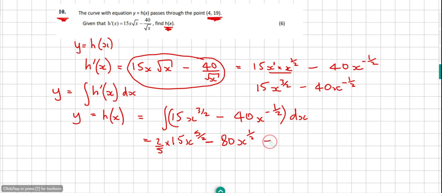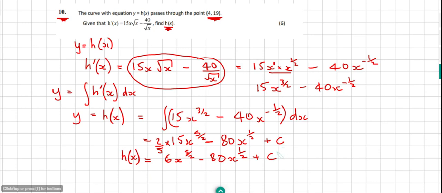And then we need to put on plus c, because it's an indefinite integral. Now let's tidy this up. If I divide the 15 by the 5, I get 3, and then times it by the 2, I get 6. So I've got 6x to the 5 over 2 minus 80x to the half, and then plus c. So that's what we've got for h of x at the moment.